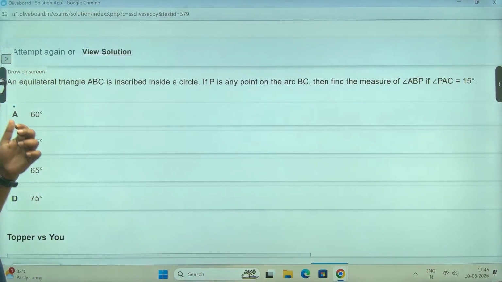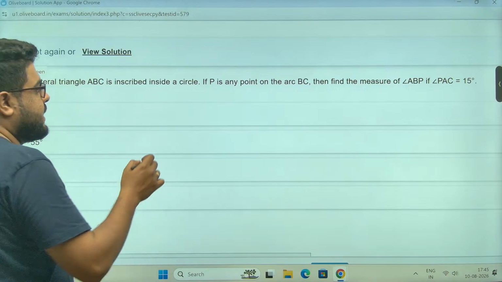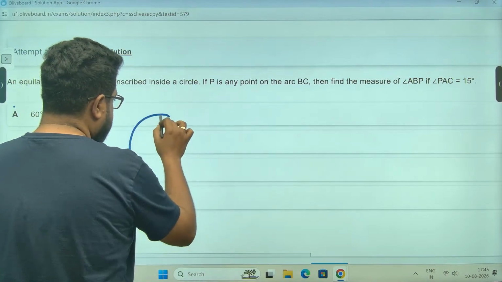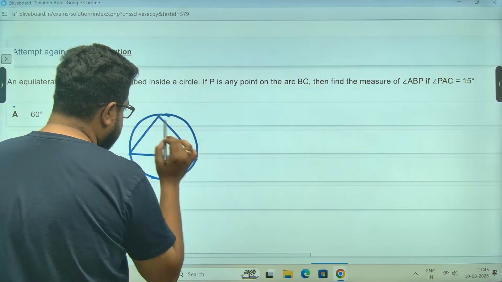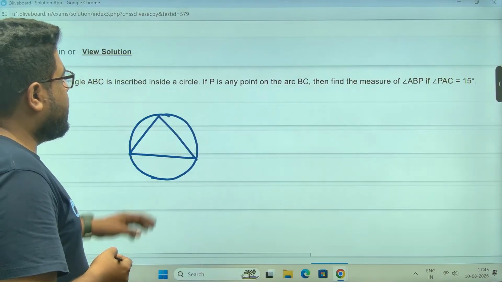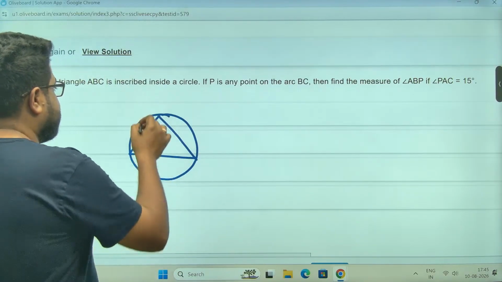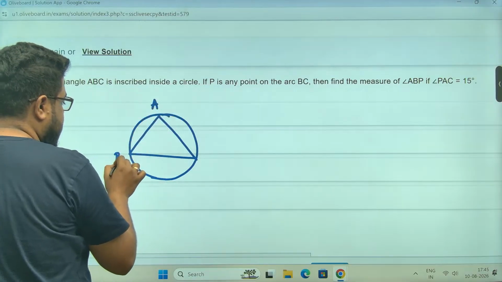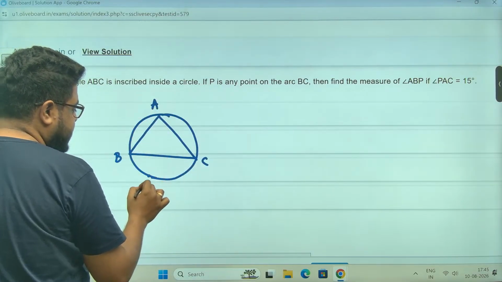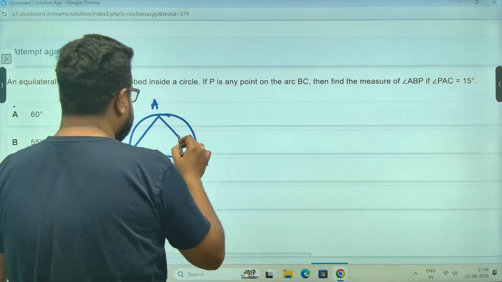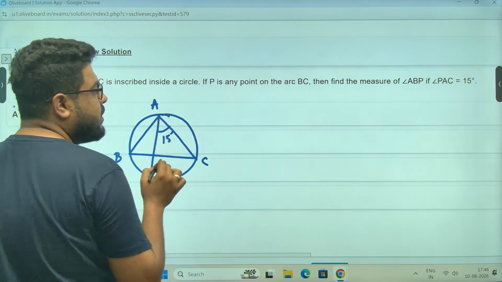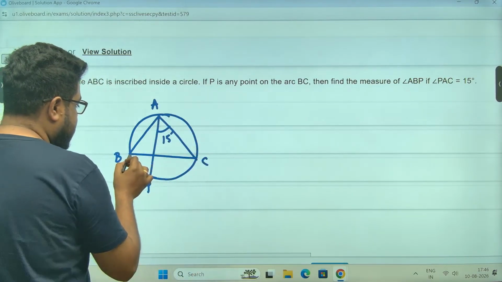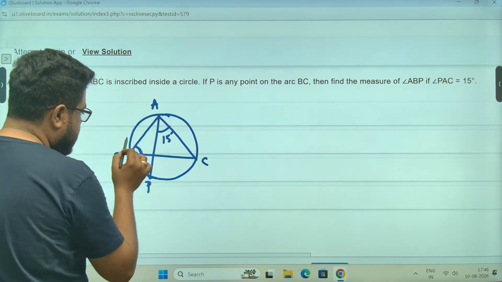An equilateral triangle is inscribed inside a circle. An equilateral triangle looks something like this. Now, P is any point on BC. This is ABC, and P is any point. Let's say P is this point. PAC is 15 degrees. They are asking angle ABP.